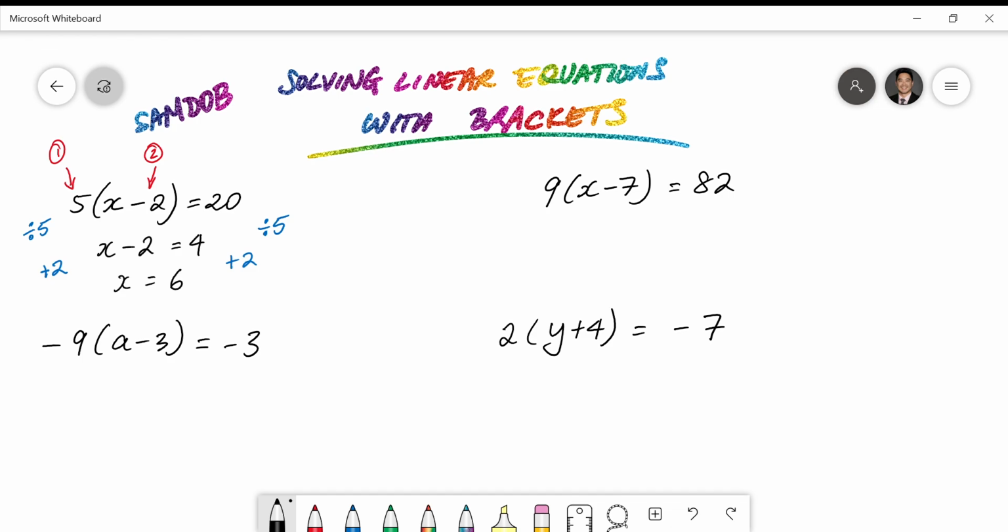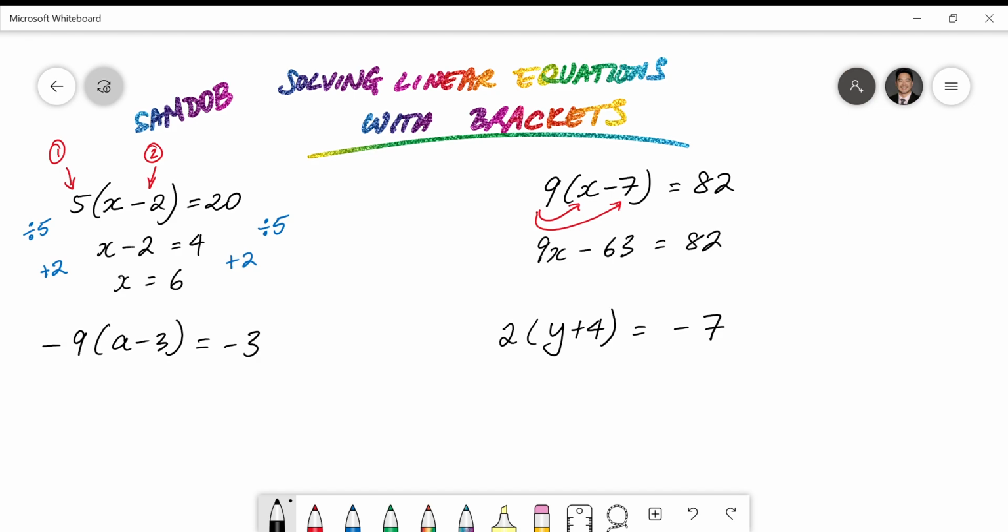We could do the same thing as first to get rid of the 9, but what you'll find is that 82 doesn't really divide by 9 nicely. So what I might do is expand the brackets here first. We want to multiply 9 times x and then 9 times minus 7. We've got 9x minus 63 is equal to 82.